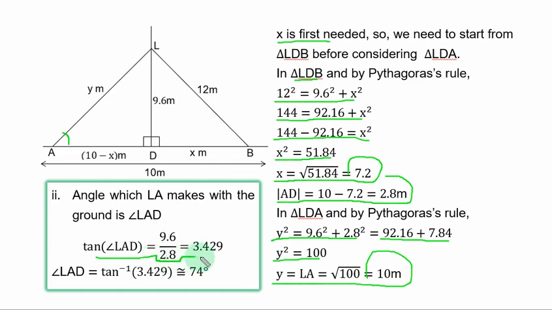If you divide, you have 3.429. To get the required angle, you take the inverse of tangent of 3.429. To the nearest degree, that is 74 degrees. That is the angle that the ladder LA makes with the ground.